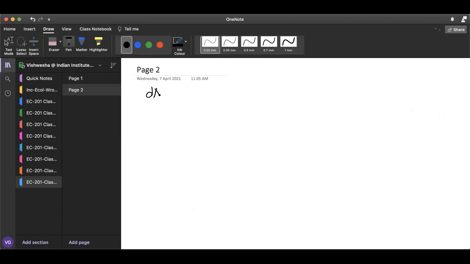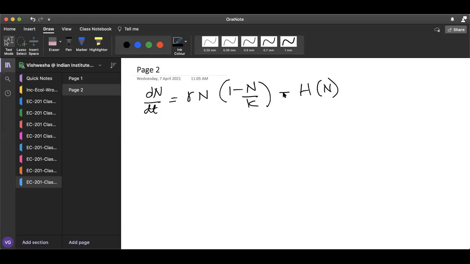So we had dn by dt, and we said that in the absence of any harvesting, we have logistic population growth, and there are some additional deaths because of harvesting. Now how do we write down h? We did a very nice lab assignment on this, and there were many forms of h that you all came up with. In terms of graphs, we consider two possibilities.